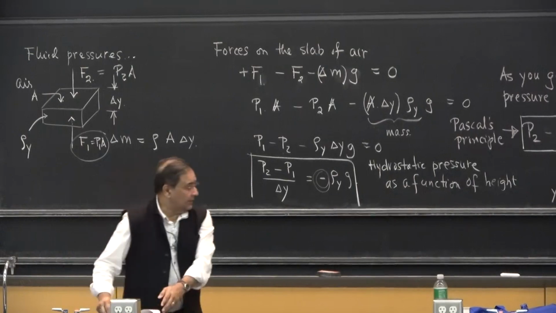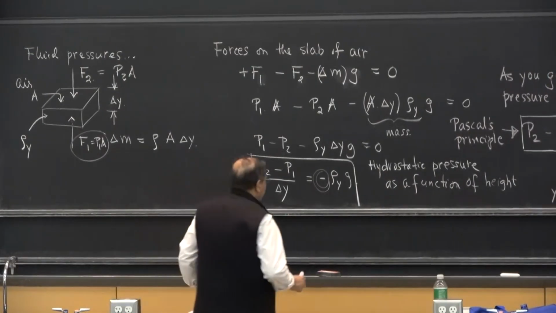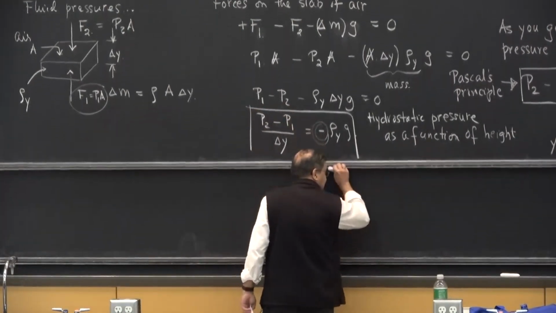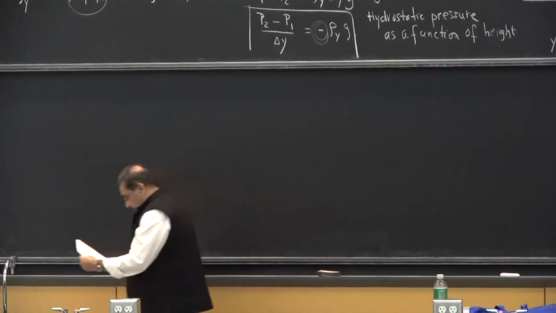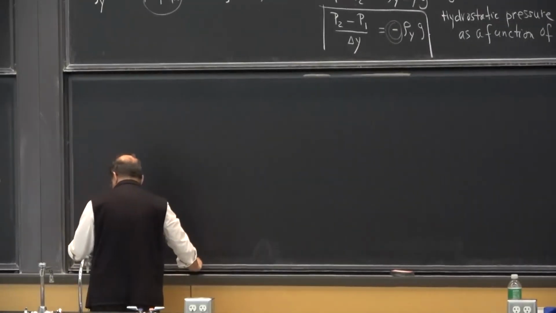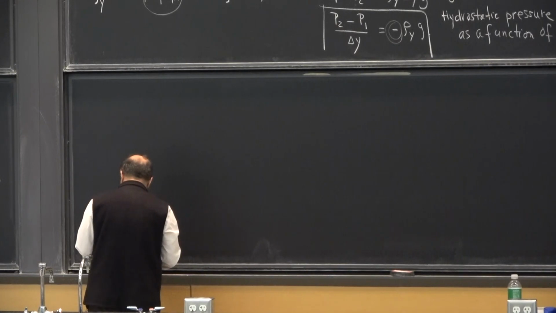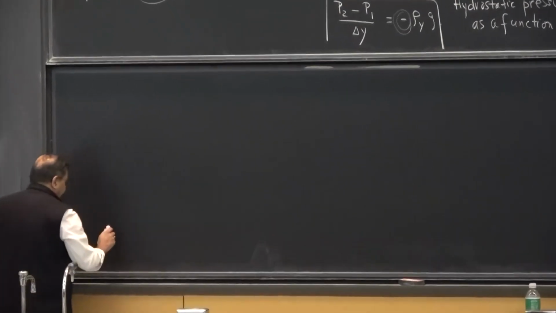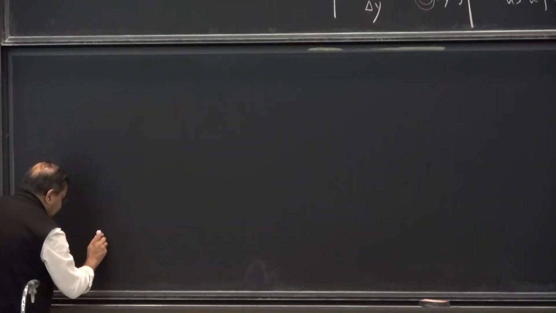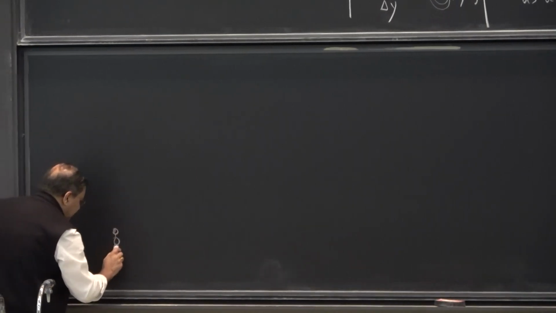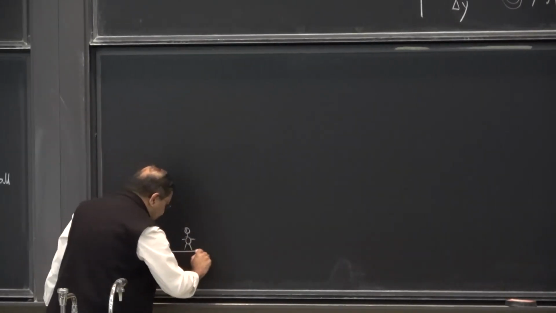All right. So now let me just give you a piece of wisdom. So let's say, as I said, we are at the bottom of an ocean. So let's say here you are, and this is ground level.